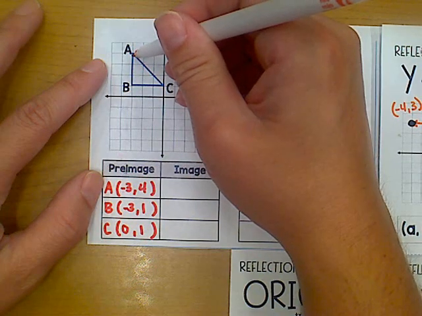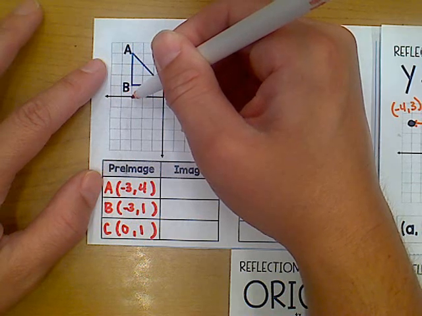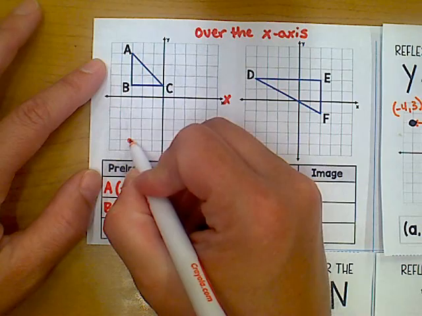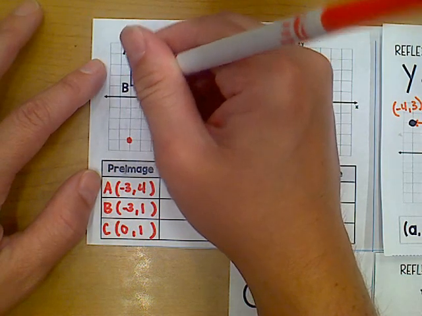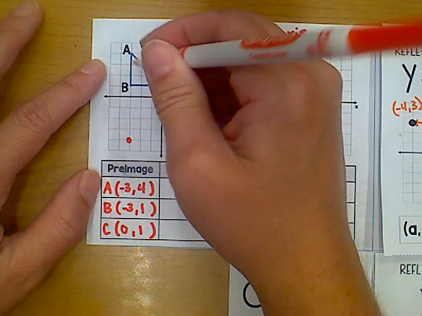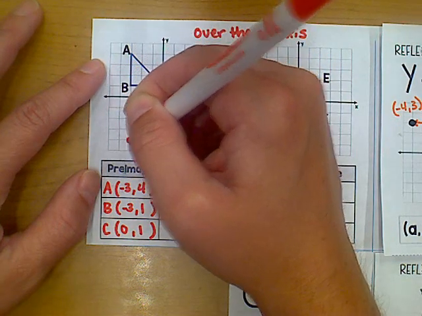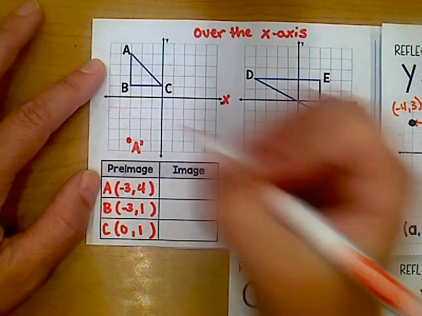So for A, I would think, hey, that A is 4 away from the x-axis, so I'm going to put it 1, 2, 3, 4 more away from the x-axis. I don't want to draw arrows here, or else I'm writing over my triangle, but it's 1, 2, 3, 4 from the x, so 1, 2, 3, 4 from the x in the reflection. That is going to be our A prime.